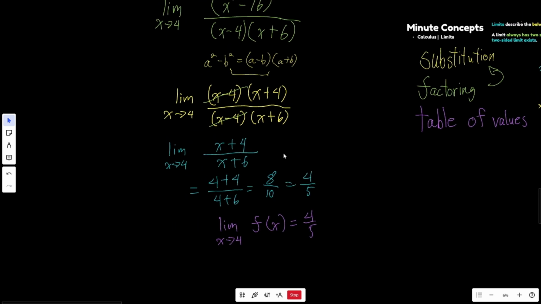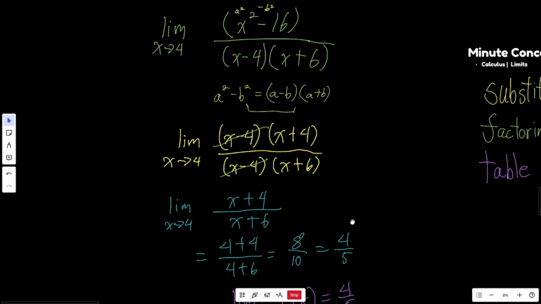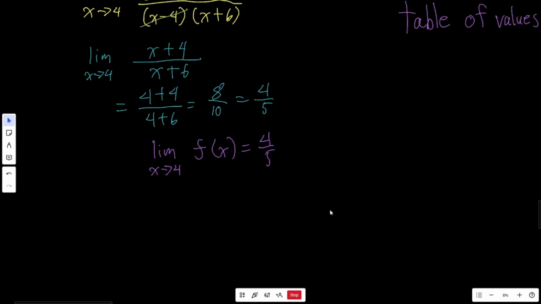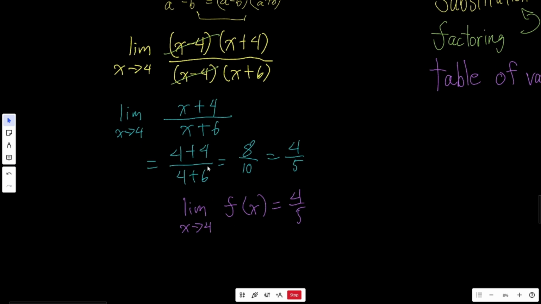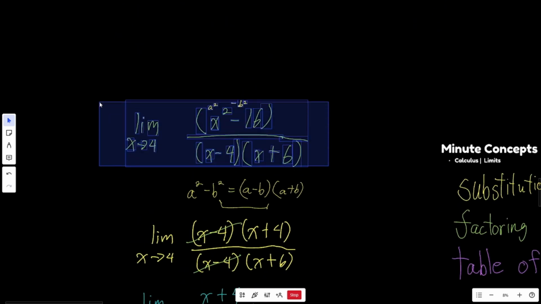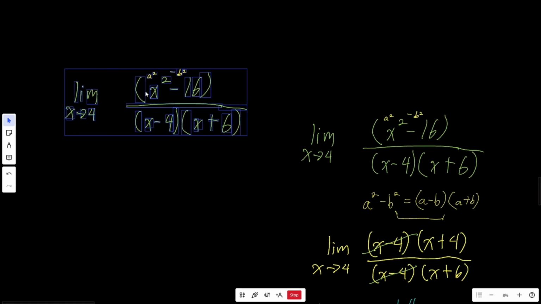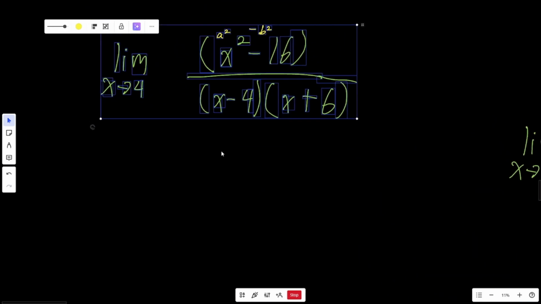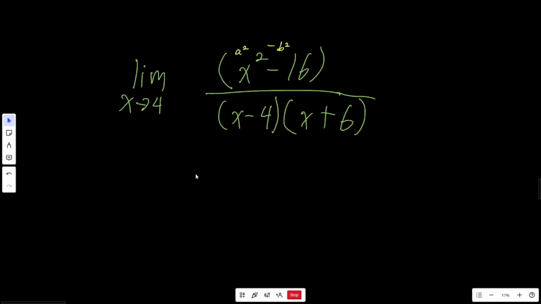On the other hand, there is another way to solve questions like this. So, let's go back to our original function. So this is correct. Now, another way to solve this without factoring is table of values. Now, table of values is a very, what's the term?